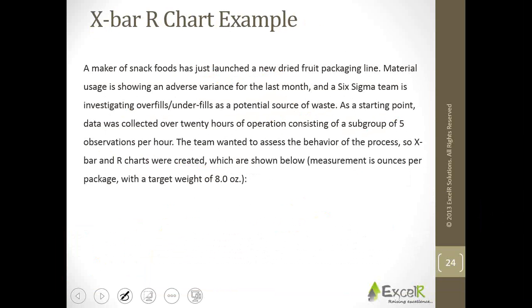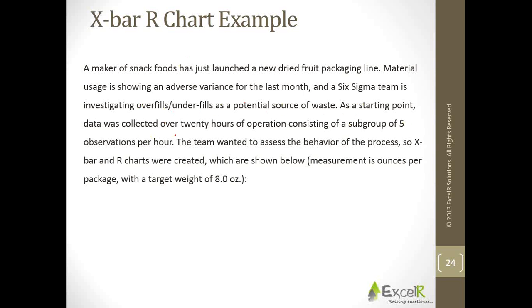Here is yet another example. A maker of snack foods has just launched a new dried fruit packaging line. Material usage is showing an adverse variance for the last month, and the Six Sigma team is investigating the source of waste.